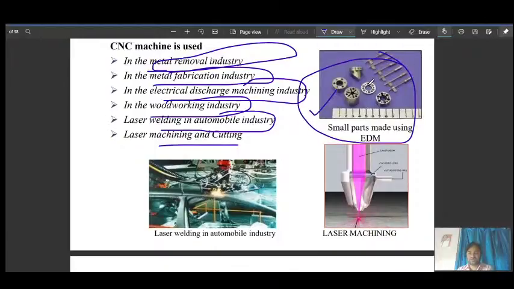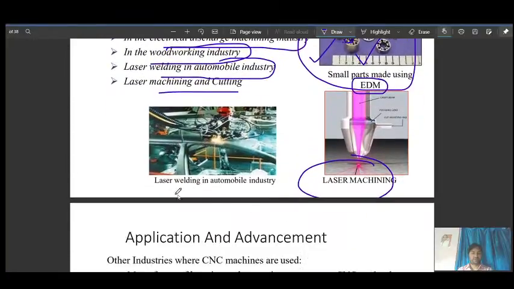How fine these holes and grooves are, which is not easy to cut through a CNC machine. With the help of EDM and the concept of axis movement in CNC machines, we have achieved this. Again, laser machining you can see, and laser welding in the automobile industry, in vehicles.